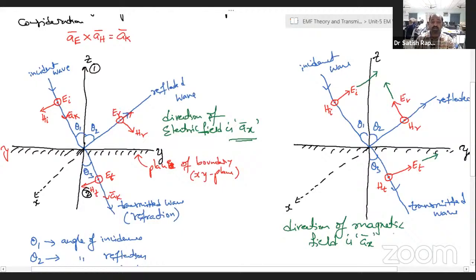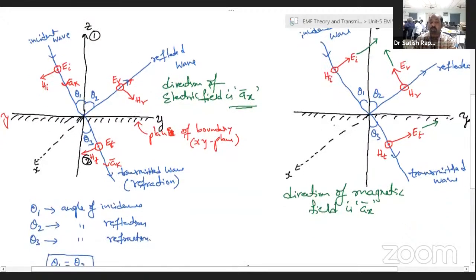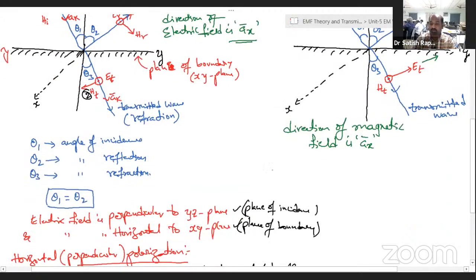And previously direction of electric field is AX bar, and here in the second figure direction of magnetic field is AX bar. But in fact the polarization is defined in terms of electric field, not in terms of magnetic field, right? So therefore here how electric field is oriented? The electric field is oriented parallel with respect to what? YZ plane, right?